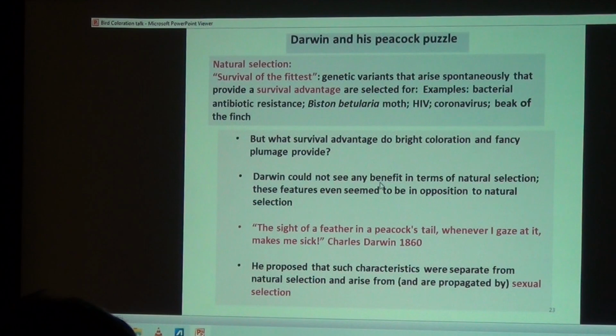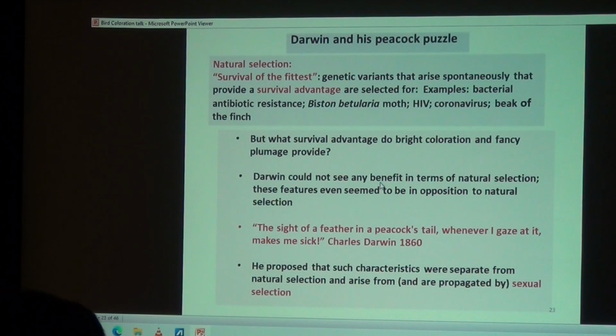So let's start by looking at garden variety natural selection. This basically takes place because of genetic variants that arise spontaneously. These are mutations that can arise when the DNA is replicating and some errors are made, or external mutagens from the environment are causing the mutations.